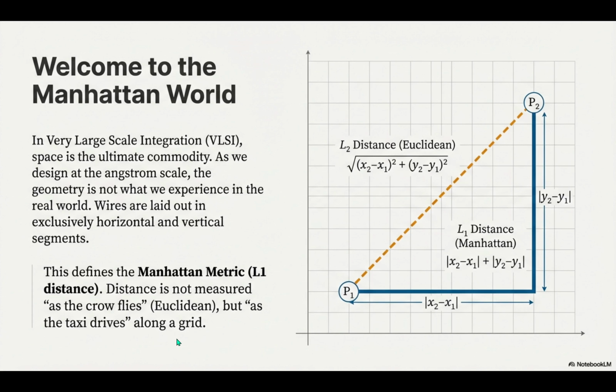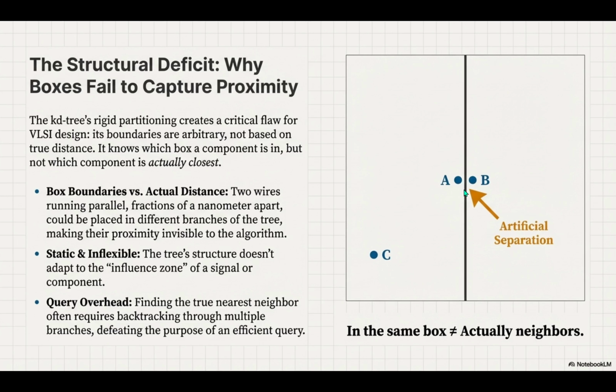A fundamental structural deficit. The problem is that those cuts, those boundaries, are completely arbitrary. They're based on coordinates, not on physical reality. What do you mean? Imagine two parallel wires running so close together, they're electromagnetically interfering with each other. I mean, fractions of a nanometer apart. Okay, a huge problem for signal integrity. A huge problem.